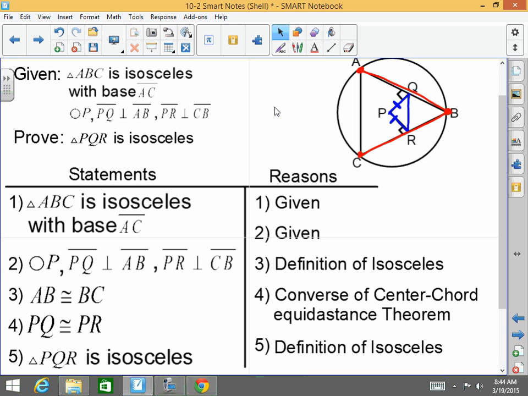Yes, sir, my brother. Angle PRQ is congruent to angle PQR. I guess, but that would have been a lot longer, right? You would have first had to say, okay, triangles PQA and PRC are congruent because right angles are congruent. Then you would have still had to say that PR and PQ are congruent.